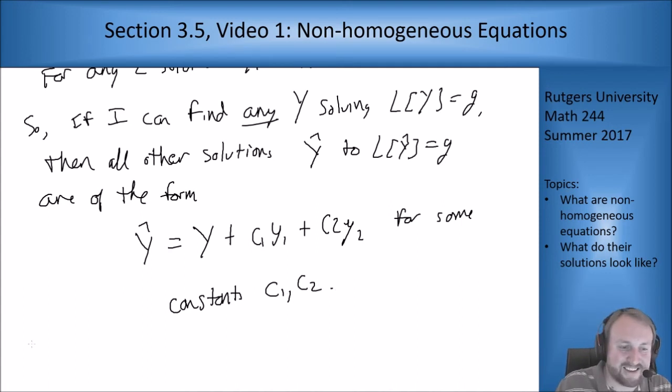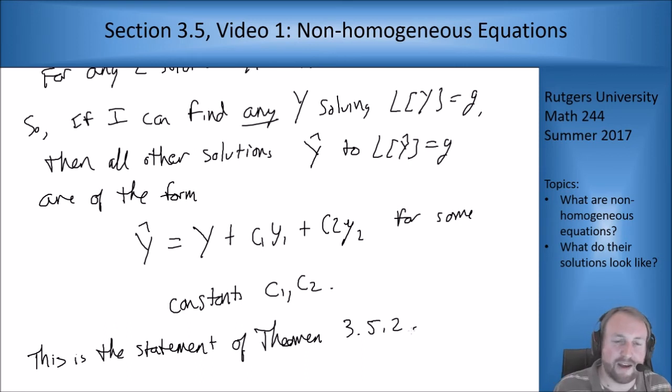And this is exactly the statement of theorem 3.5.2 in the book. They use phi for this y hat, but the idea is the same.